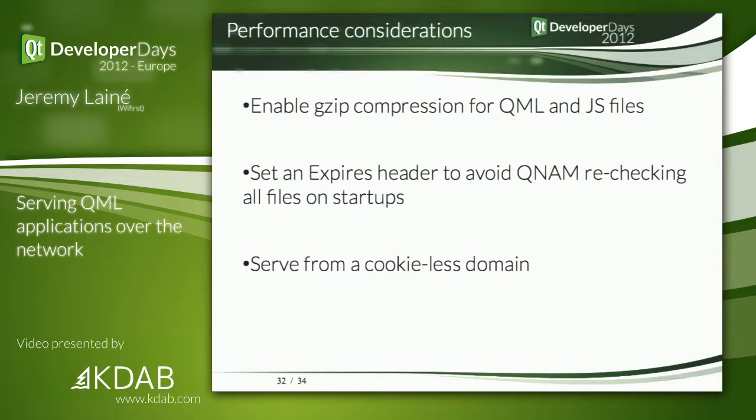Unfortunately, if you just take your out-of-the-box Nginx or Apache configuration, it's not going to know the MIME type of a QML file, and so it's not going to take the decision to compress them. So you're going to need to declare some fake MIME type for your QML code and enable gzip compression. This is really cool because you're going to typically get at least a two times compression ratio.